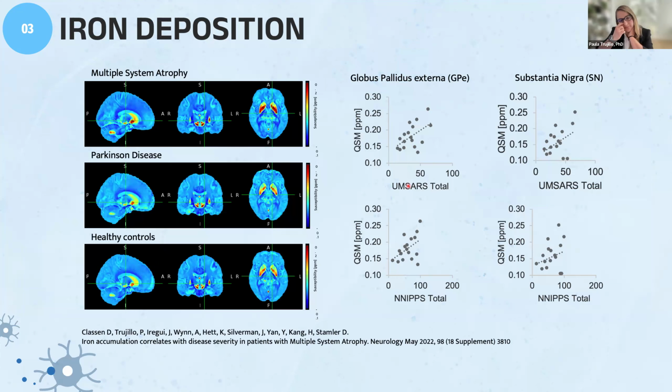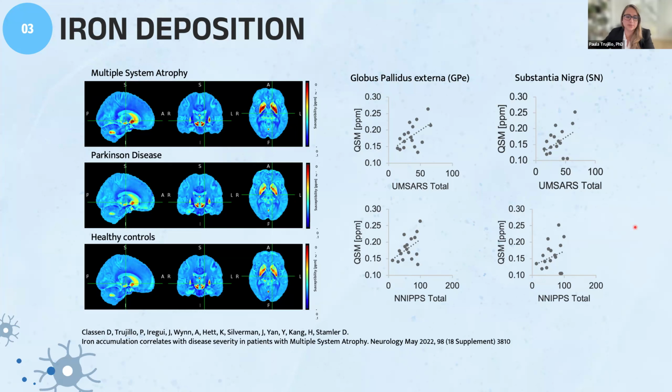We have used these methods to look at how much iron was in certain parts of the brain and how bad the symptoms were in patients with MSA. We used QSM to measure iron levels in areas like the globus pallidus, the putamen, the substantia nigra, and the dentate nucleus. We compared the iron levels between different groups of people and checked if they were associated with how severe the disease was.